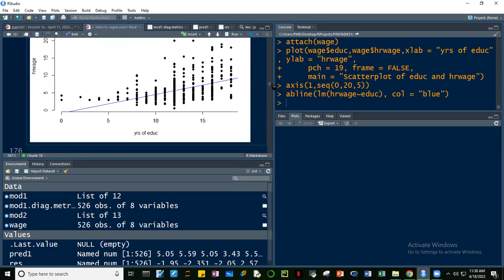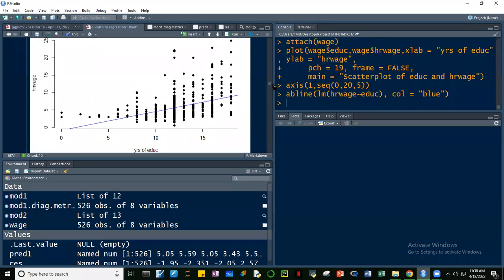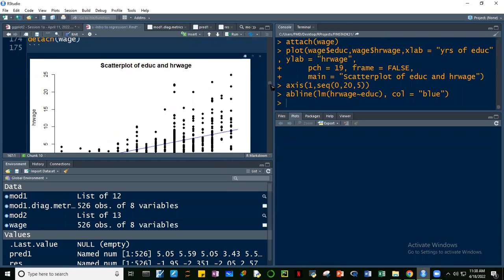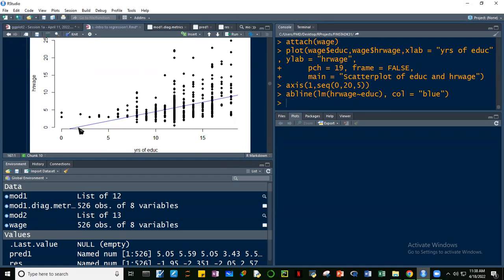Okay, so what do you have here? This is the plot of your independent variable, education, and this is your dependent variable. It's a bivariate plot, so it's a scatter plot. And then this is your regression line, your negative 0.9 plus 0.5 something times education. And these are our actual points.